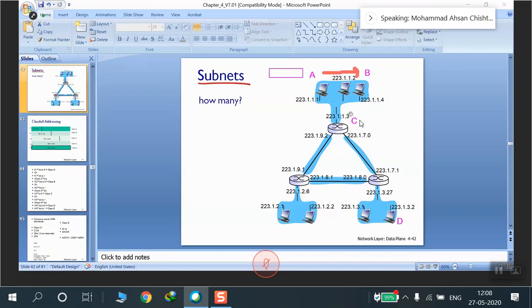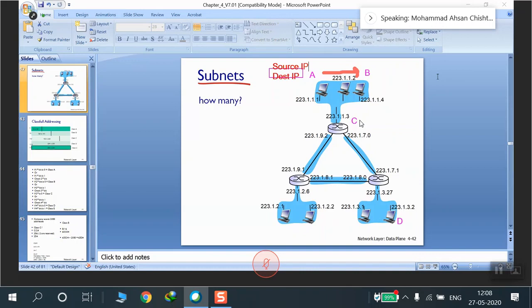It will take care of the data link layer also, how it would be sent. So two things that would be added within this packet are the source IP address as well as the destination IP address. What is the destination IP address in this case?